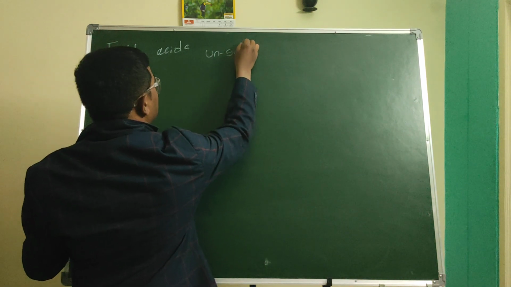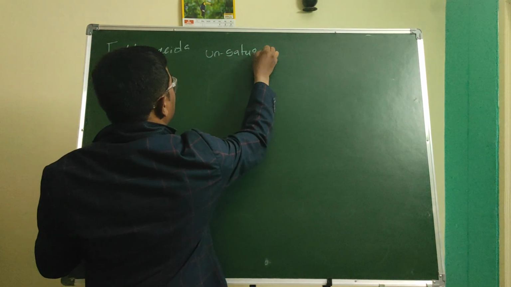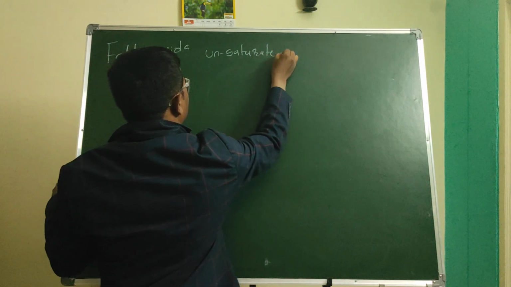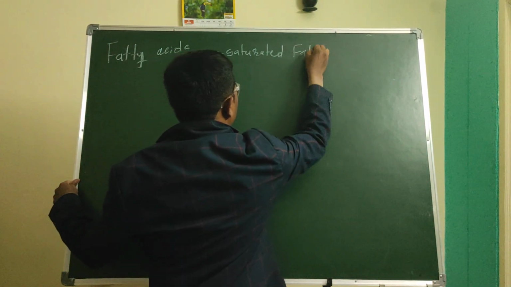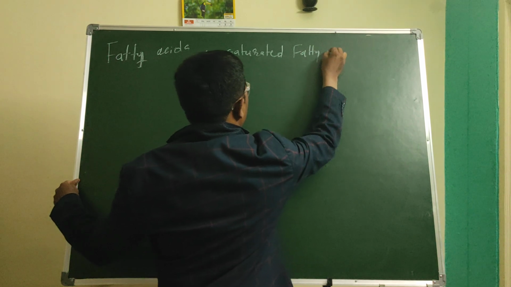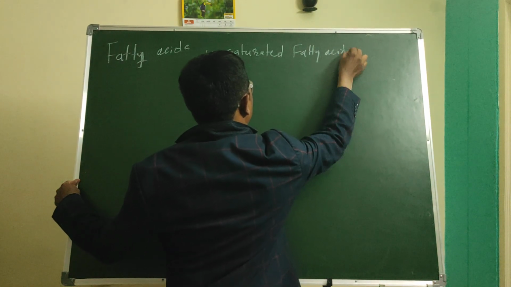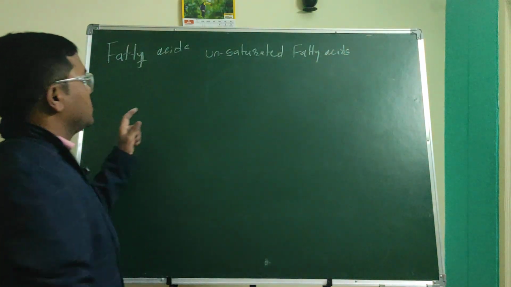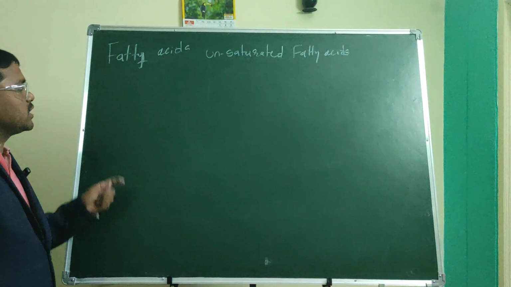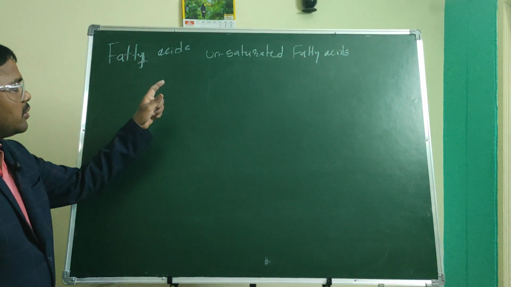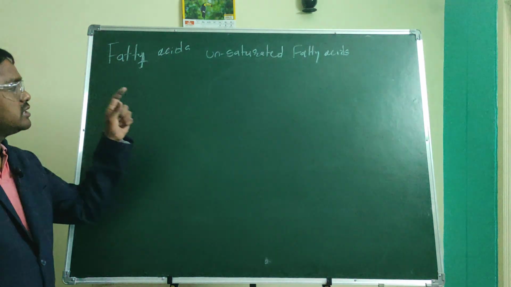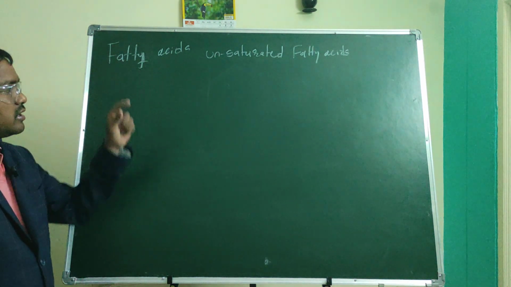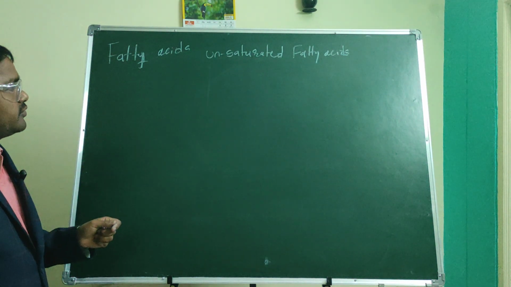Unsaturated fatty acids. As double bonds are present in the aliphatic chain of fatty acids, these fatty acids are called unsaturated fatty acids.